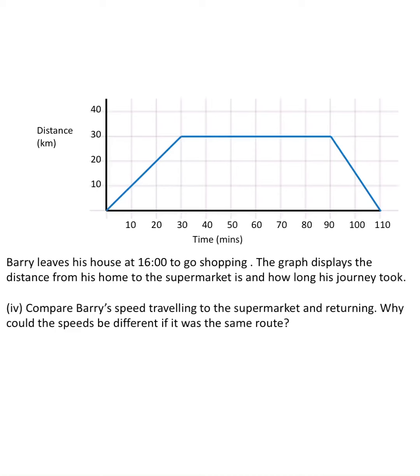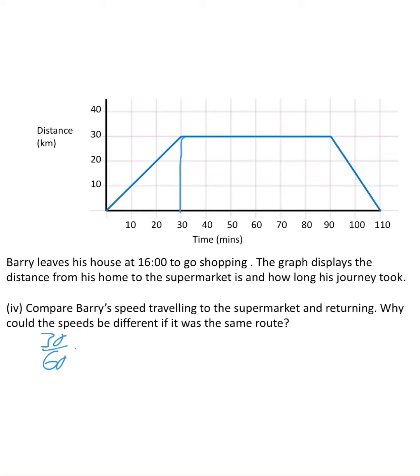Last question now. So we need to compare Barry's speed travelling to the supermarket and returning. And then why could the speeds be different if it was the same route? So, first one there. So the distance is 30 kilometers and it took him 30 minutes. So that's 30 minutes.